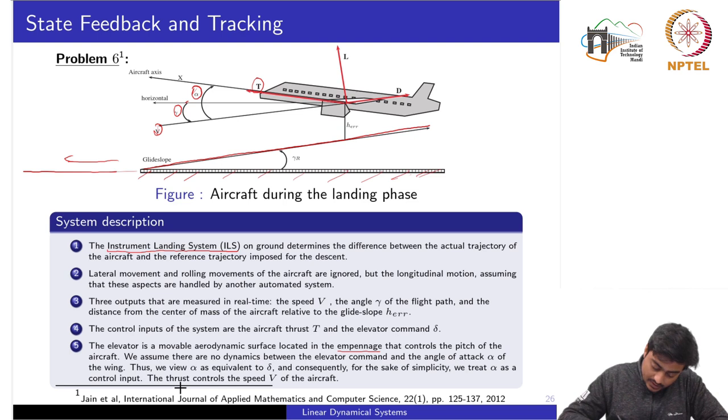Okay, so the thrust controls the speed of the aircraft. So if you want to get to know more about the system description of this aircraft during the landing phase, I would suggest you go through this reference, which is given in the footnote.